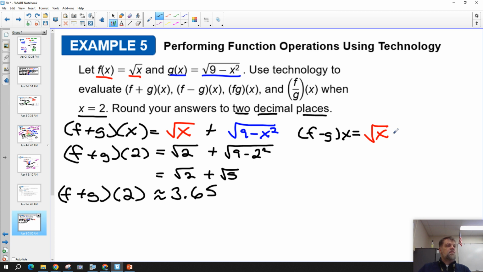This time we're going to say minus g of x, which is 9 minus, I'm getting ahead of myself, minus x squared. Okay.